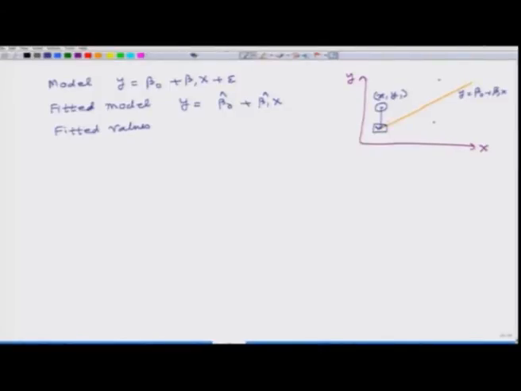The value of y which is obtained using the observed value of xi is the ith fitted value.